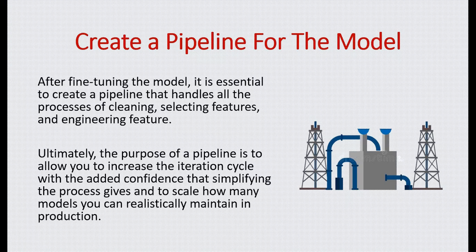So after fine-tuning the model, it is essential to create the pipeline that handles all the processes of cleaning, selecting features, and engineering the features as well. Ultimately, the purpose of a pipeline is to allow you to increase the iteration cycle with the added confidence that simplifying the process gives, and to scale how many models you can realistically maintain in production.